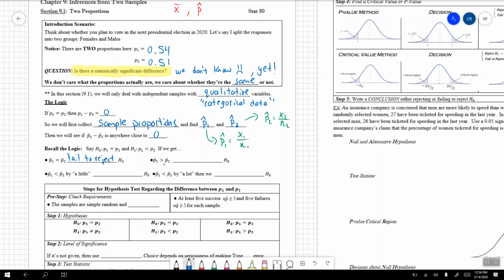All right, so number 2 here, if p hat 1 is greater than p hat 2. All right, so again, we're looking at this in the particular sense that one is going to be greater than the other. Well, in this particular case, if p hat 1 is greater than p hat 2, again, we are still going to fail to reject.